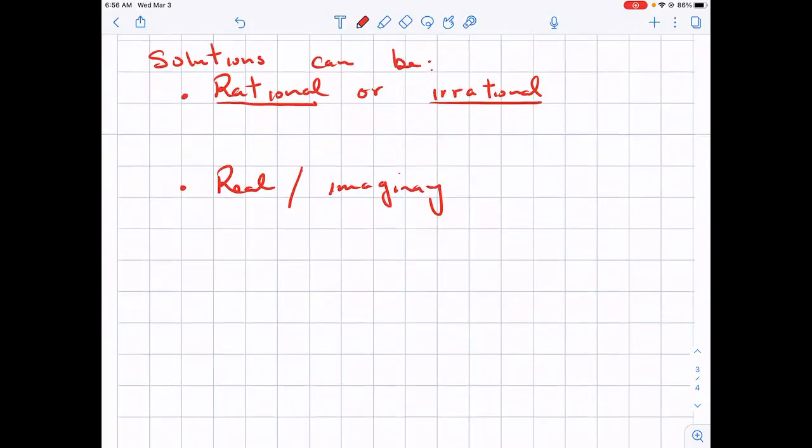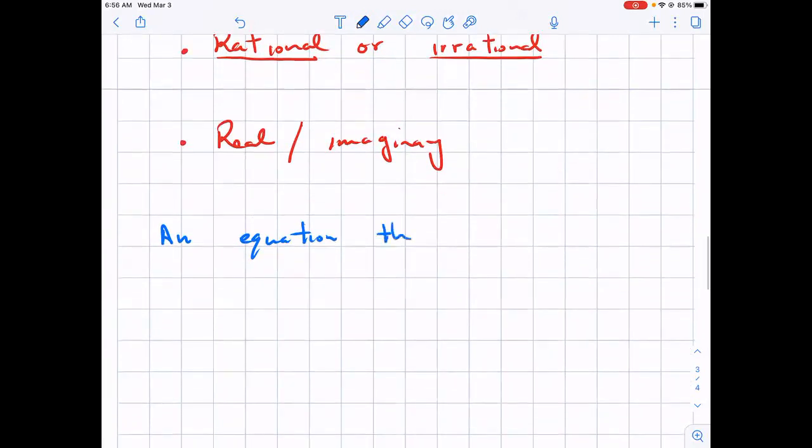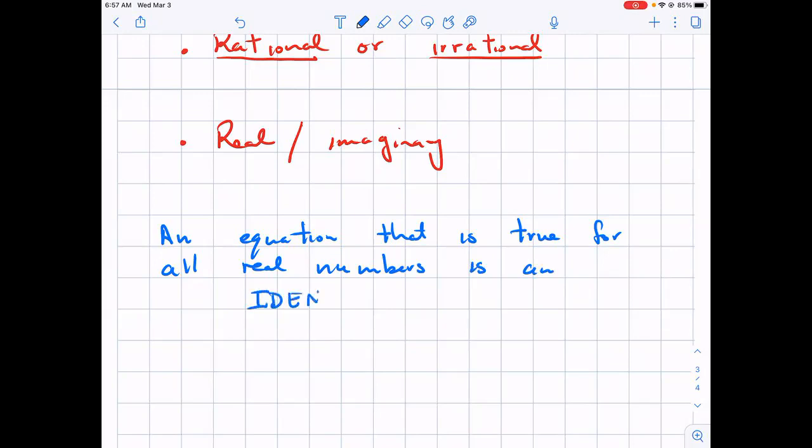Okay, an equation that is true for all real numbers is an identity.